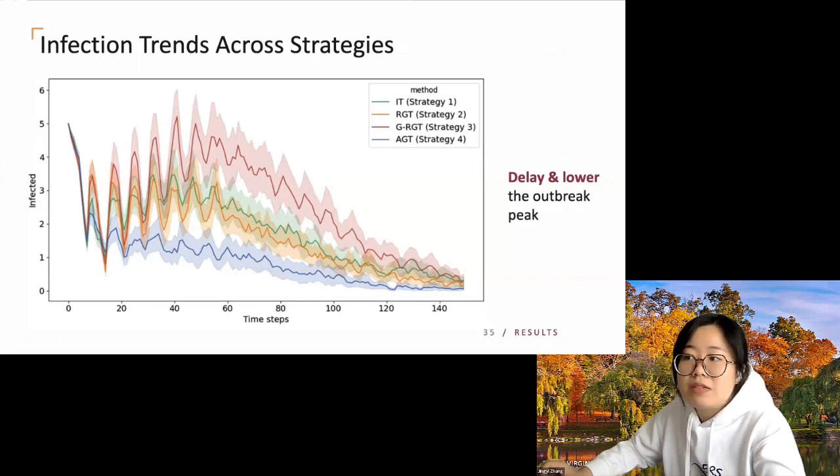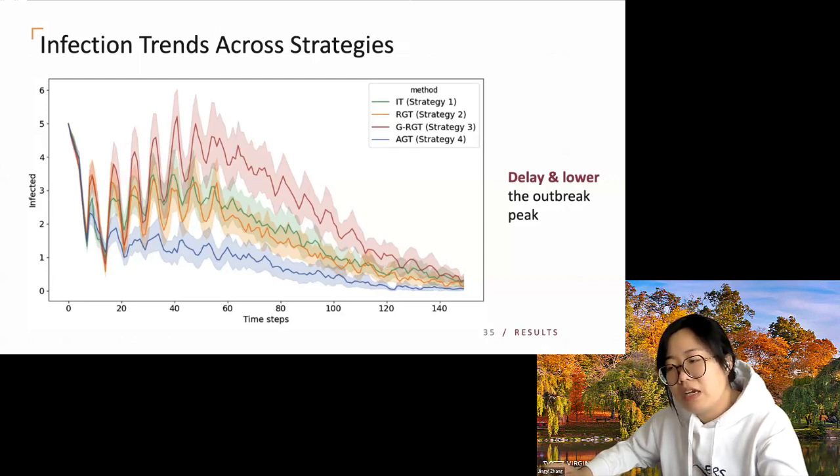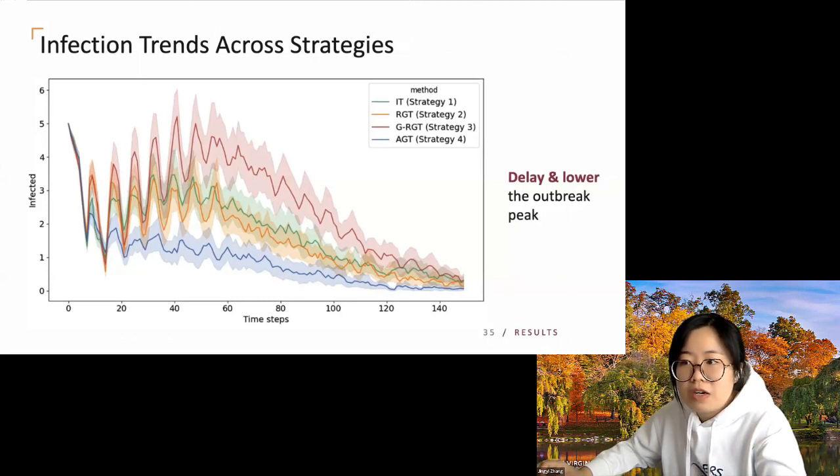There are multiple repeated rallies in the early period of the outbreak, and it only gradually declines after reaching the peak of the outbreak. Individual testing, colored in green, and RGT, colored in orange, performed roughly similarly, but random group testing is more volatile and declines more slowly after reaching the outbreak peak.